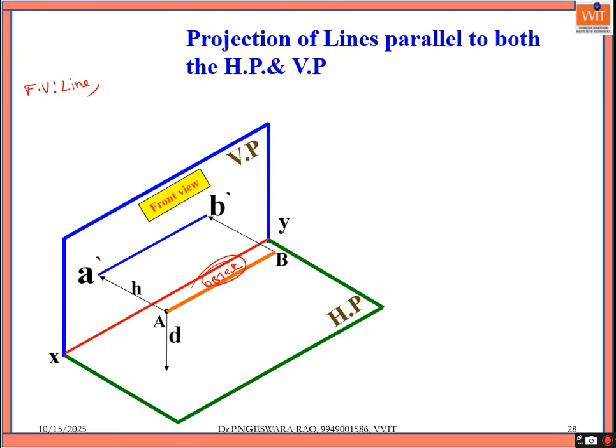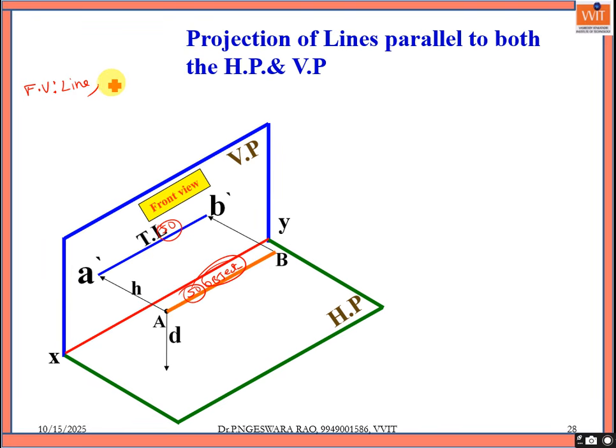The next question is what is the length of that line with respect to the object, whether it is the original length or reduced length, that is, true length or reduced length. Now we can see that if the object length, for example this AB object length, is let us say 50, then this A dash B dash length is also 50, which means we are getting the true length of the object.